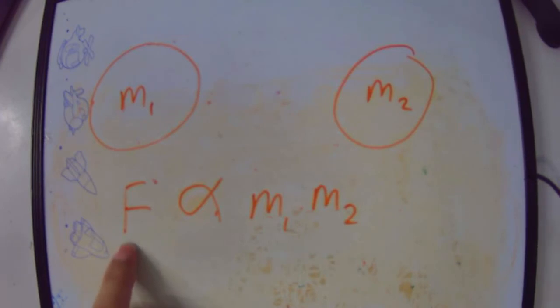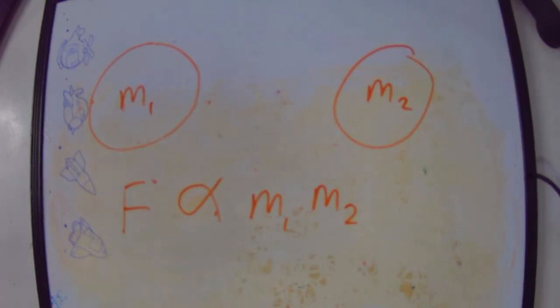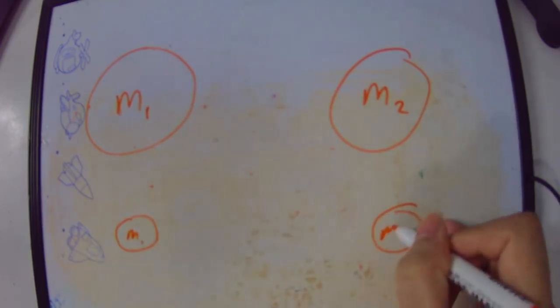So logically speaking, if we were to take two planets and compare them with another two planets, but the other two planets are much smaller.